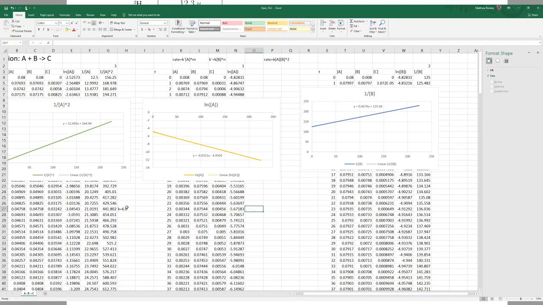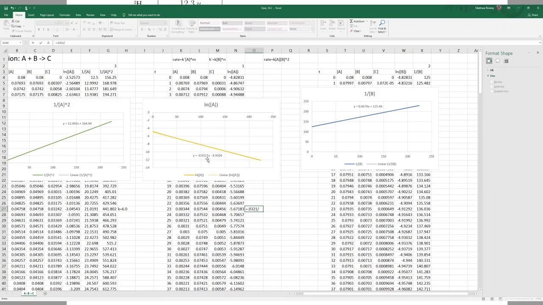But we didn't talk about third order rate laws, so let's talk about how we could extract the rate constant out of here. K prime is equal to 0.0321, and we're going to want to divide that by the average value of B over the course of this reaction.